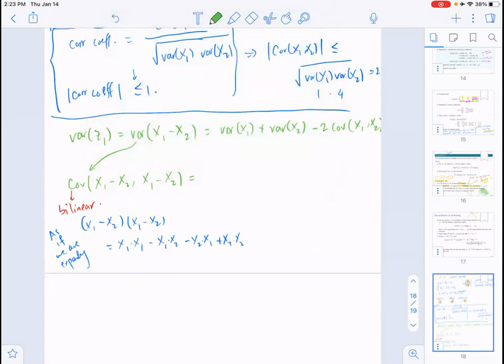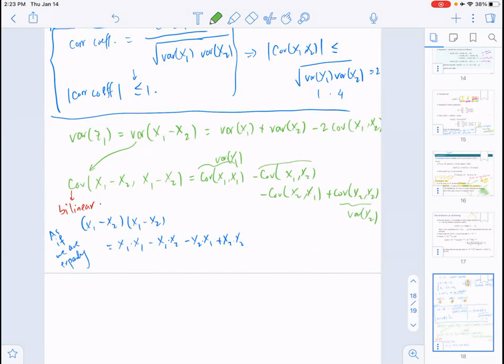So covariance of X1 minus covariance of X1, X2, minus covariance of X2, X1, and then this times that, the signs get plus, so plus covariance of X2, X2. So this is the variance of X1, and this is the variance of X2.